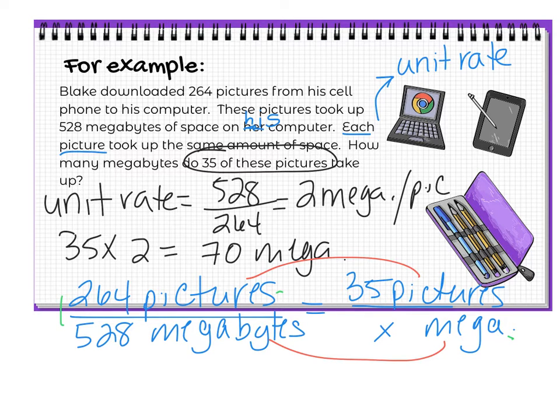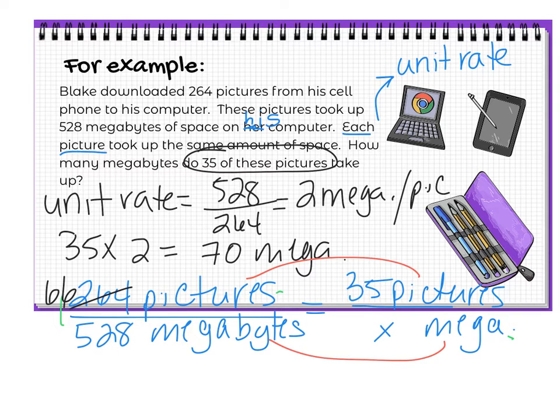Do I know what I multiply 264 by to get 35? No, I don't. So I am going to simplify. Like I said, I know 4 goes into 264. So I divide that by 4. 4 goes into 26 6 times, that's 24. 4 goes into 24 6 times.